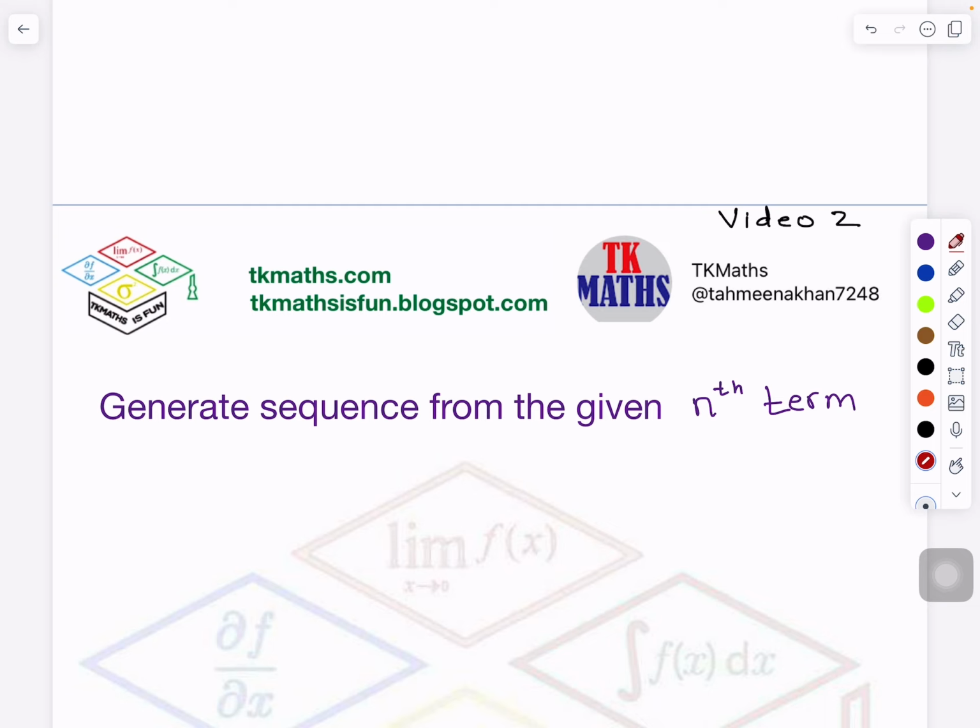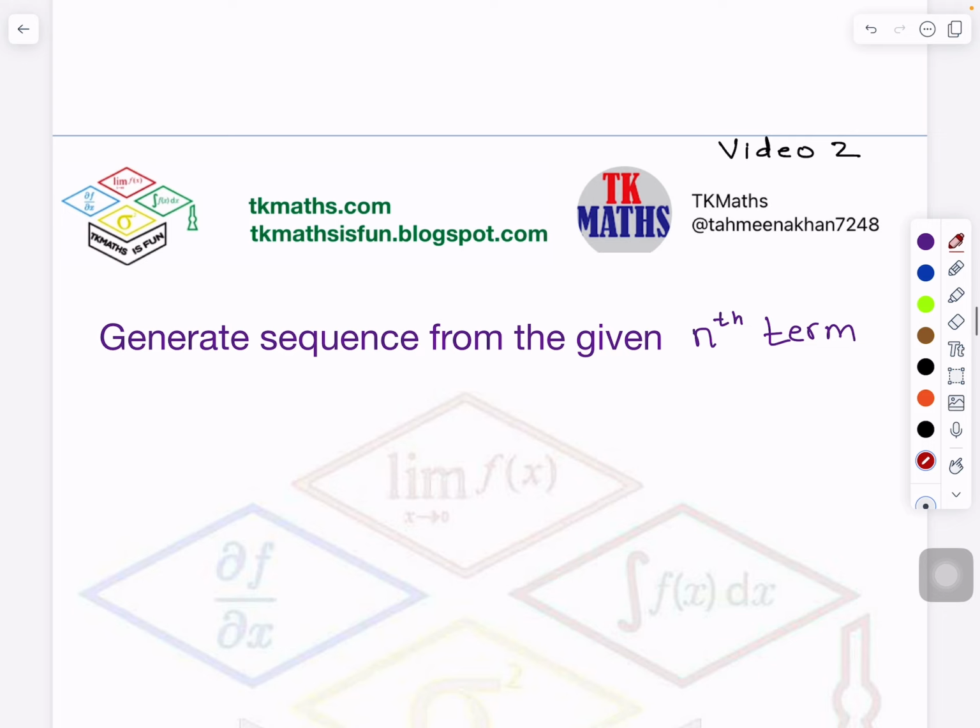Now, for example, in the previous video we studied square numbers, right? So if I give you n squared and I say this is my nth term, it means if you write in n a number, you will get a term. For example, if I write n is 1, what will I get? 1 squared is 1.